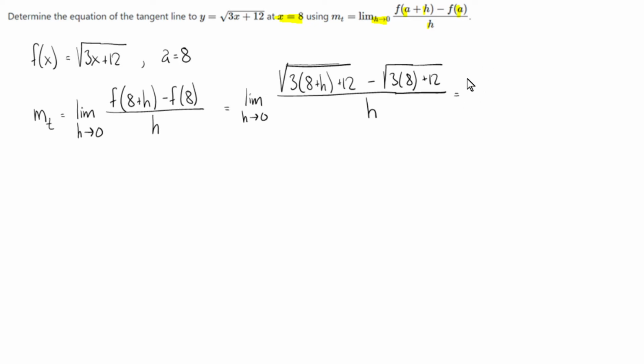So we're going to get the limit as h tends to 0. 3 times 8 is 24 plus 3h plus 12. 3 times 8 is 24, plus 12 is 36, square root of 36.